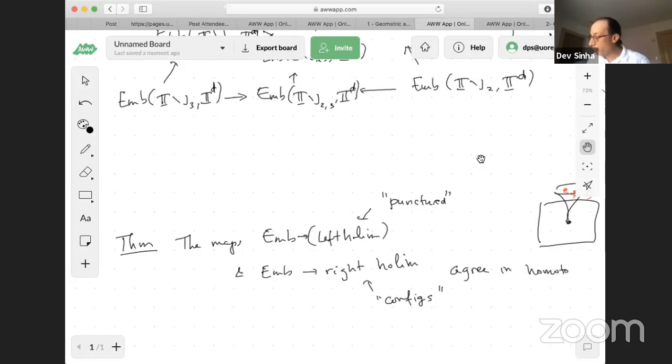In other words, the targets are homotopy equivalent, and those maps are homotopic to each other via some homotopy equivalence.